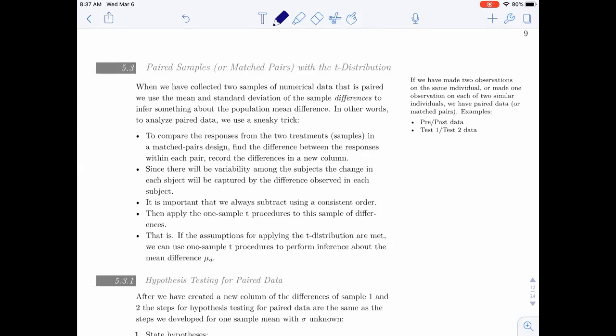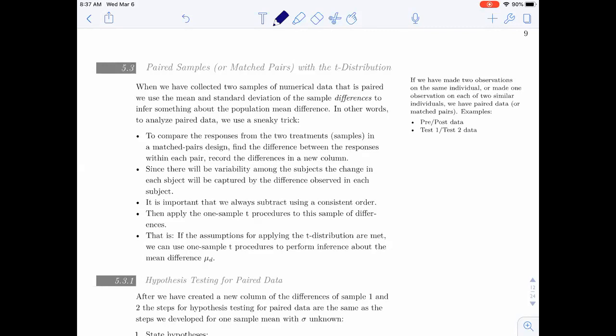So paired samples let us do comparisons, kind of how did each individual improve or decrease. I've got some examples out here, but really they're all the same, pre-post.